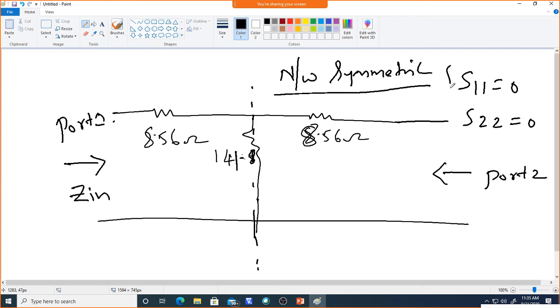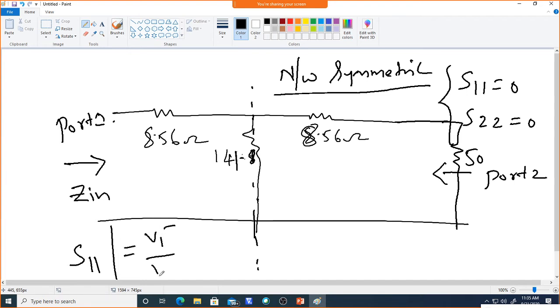We can prove this by calculating Zin and terminating this port. If I terminate this with the matched load, that is 50 ohm, and calculate Zin, then what is S11?